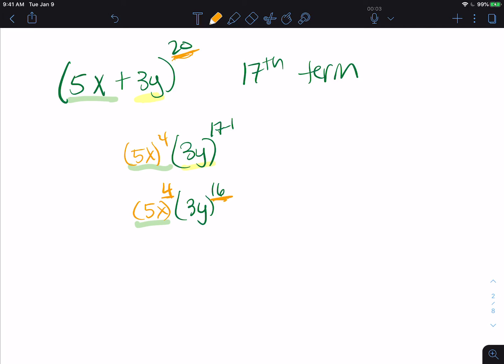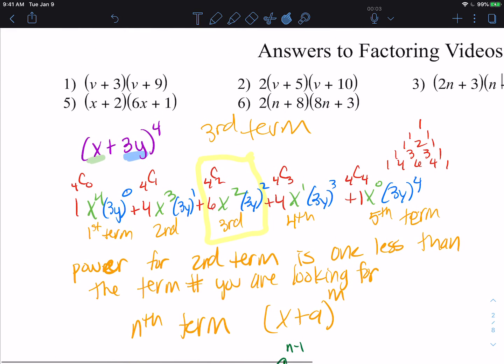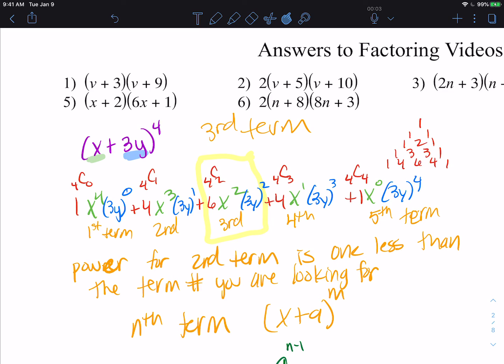Okay. Well, now I need to find the coefficient for the binomial. Now I could start making Pascal's triangle and go all the way down till I get to my second number, 20, which is a ridiculous amount of work. So instead, I'm going to use combinations. With our combinations, remember, the pattern is that the power you're being raised to is the first n part, and then the r value matches the second term power.